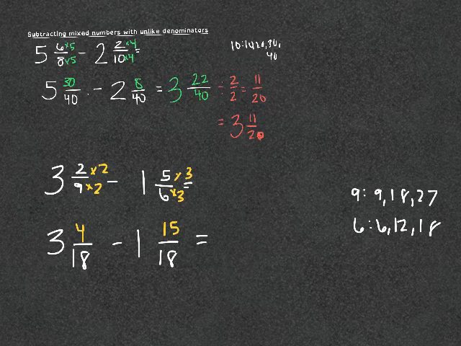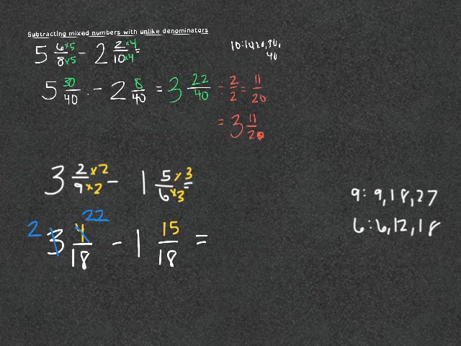So something that we've been using in class is a regrouping strategy, similar to with whole numbers, but a little bit different when it comes to fractions. So we go over to the 3. We take 1 away from it and make it 2. So we're borrowing a whole to put into our fraction. 1 whole in 18ths is 18. So we're going to add our denominator 18 to our numerator 4. 18 plus 4 is 22.